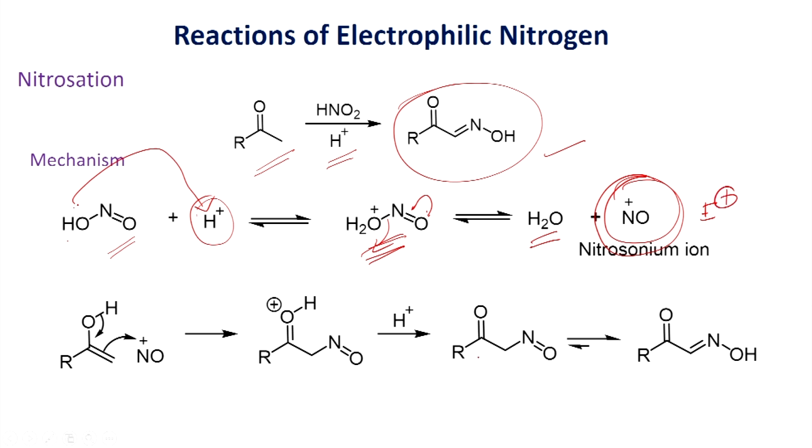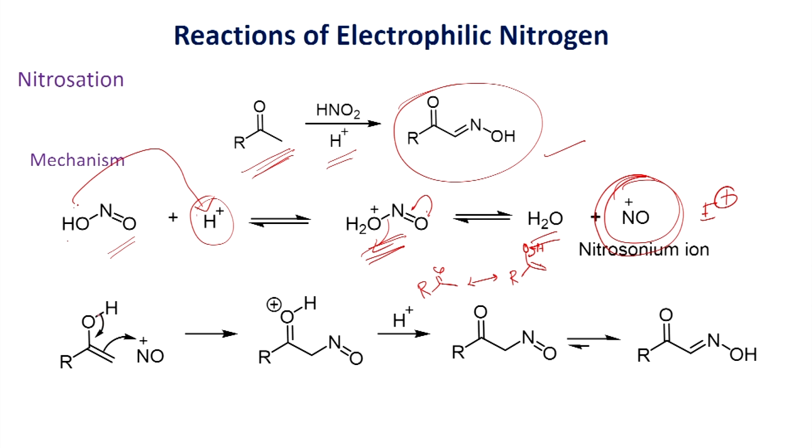Already we have seen, if you have ketone in acidic medium, it can exist in enol form. So, once we have the enol in acidic medium, this can now act as a nucleophile which can undergo addition reaction as shown here.